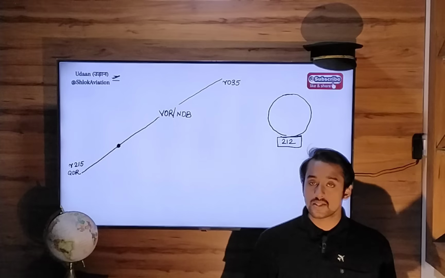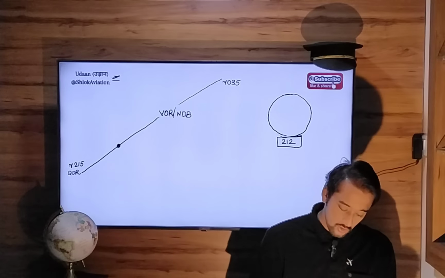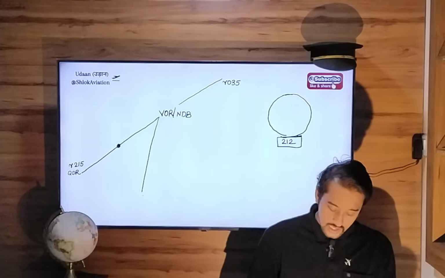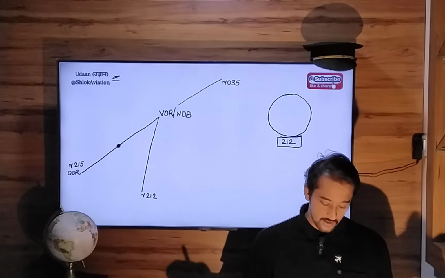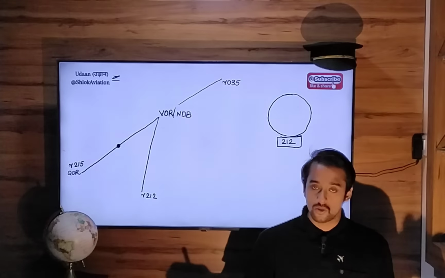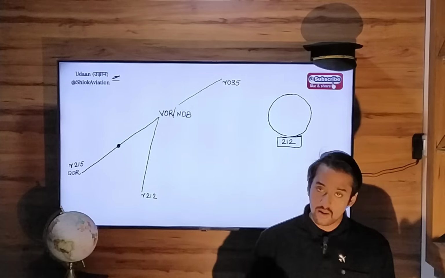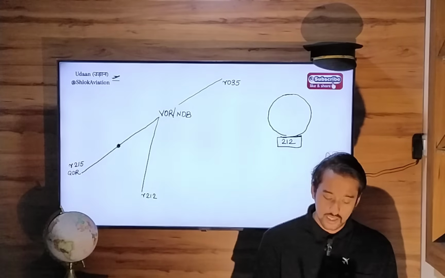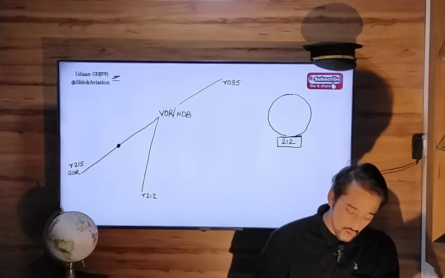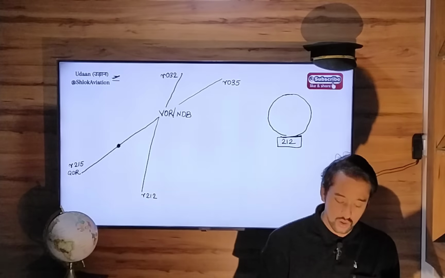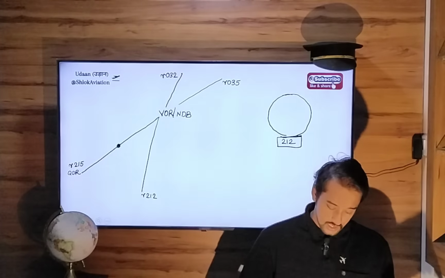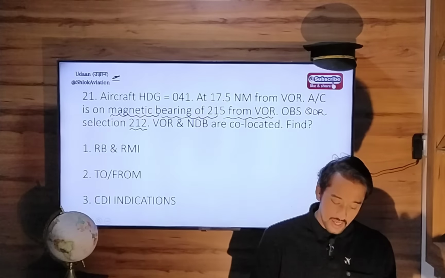Now, OBS selector is set to radial 212. So 212 will be somewhere here, less than 215, therefore to the left of 215. The opposite of radial 212 is 032.